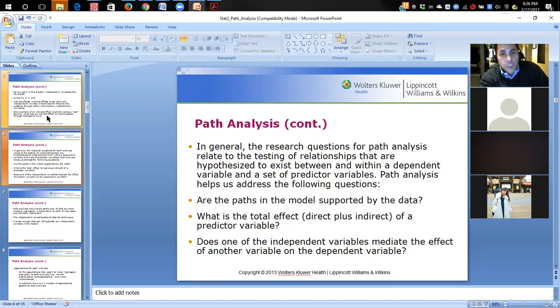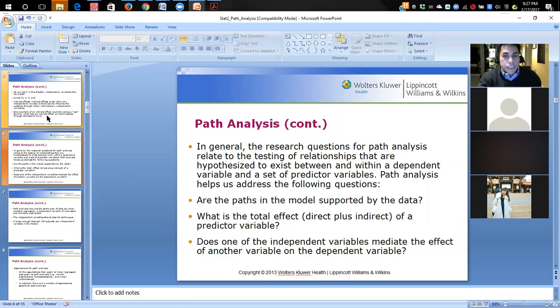And as I mentioned earlier, it accounts for the total effect. Mathematically, it calculates the direct plus the indirect effect of a predictor variable, which is our independent variable. And then the next one is that path analysis looks at whether there is a mediating effect of another variable on the dependent variable.